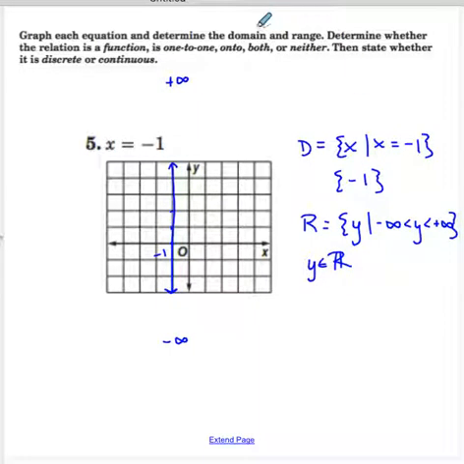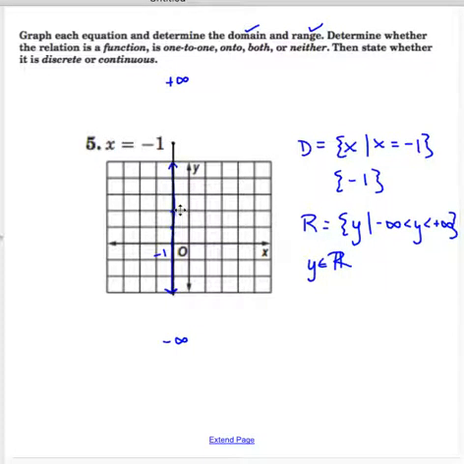And check. Determine whether the relation is a function, one-to-one, onto, both, or neither. Okay. Well, let's try the vertical line test since this is a graph. So can I find any vertical line? Is there a vertical line that I can place that intersects my graph more than once? Well, it's kind of a trick question.